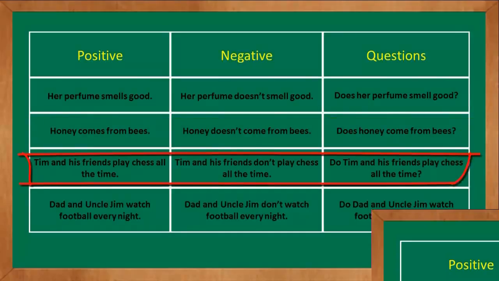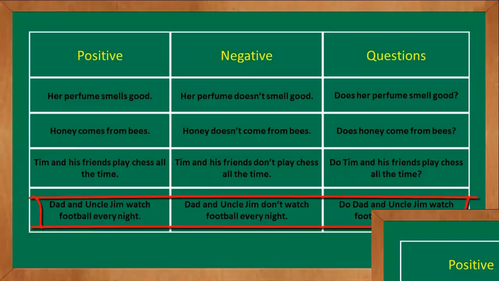The third one: Tim and his friends play chess all the time. Tim and his friends don't play chess all the time. Do Tim and his friends play chess all the time? The last one: Dad and Uncle Jim watch football every night. Dad and Uncle Jim don't watch football every night. Do Dad and Uncle Jim watch football every night?